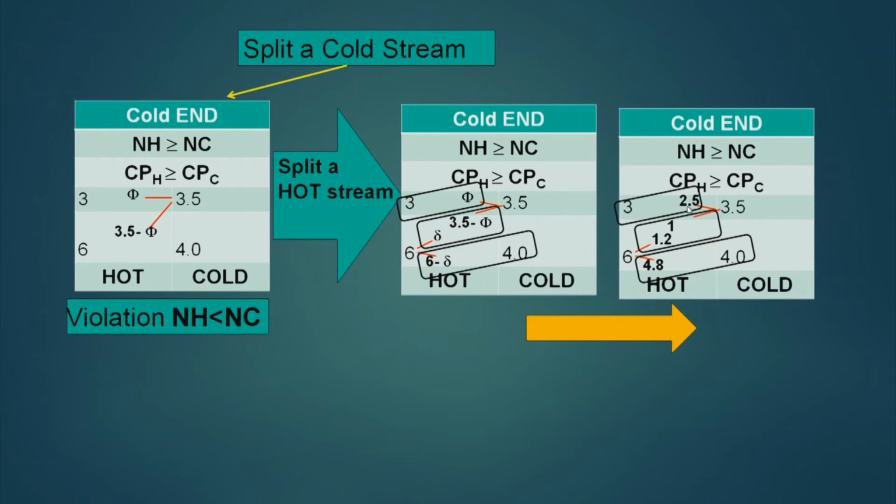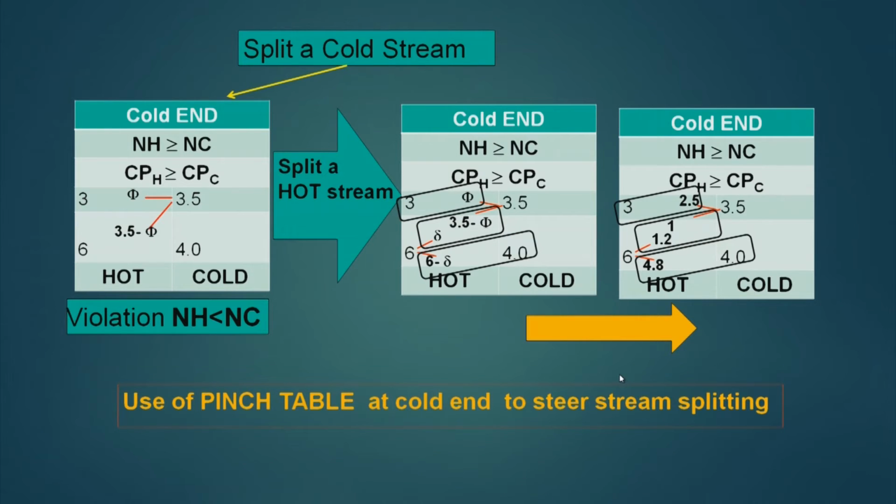So, one set is this, I break 3.5 to 2.5 and 1 and 6 to 1.2 and 4.8, and I do this matching. Now, the Cp table has been used in this cold end of the design to steer the stream splitting.